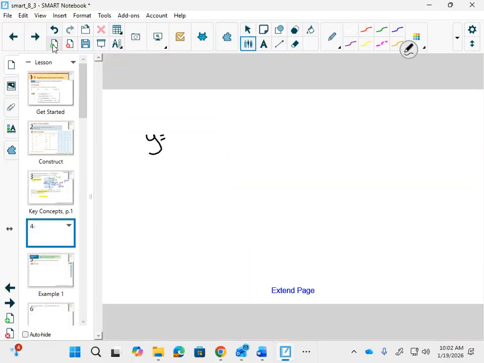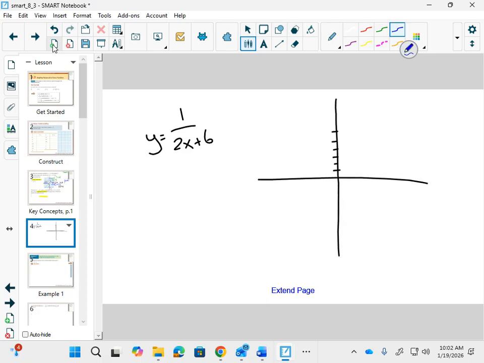Let's say you want to graph 1 over 2x plus 6. So I go 1, 2, 3, 4, 5, 6. I know that my original graph has the point (0, 6). I'm going to graph y equals 2x plus 6 first. And I know that it has an x-intercept at -3, and it's a straight line that looks like this.